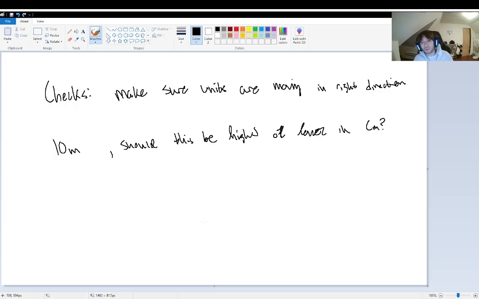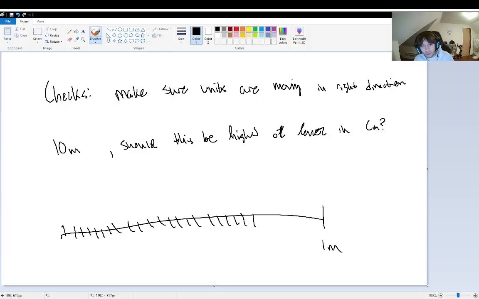I know you're thinking centimeters are smaller, so it's going to be less, but it's going to grow because there are more centimeters than 10 meters. 1 meter is like this, and then you have 100 of these lines. Let's just say 100 cm.